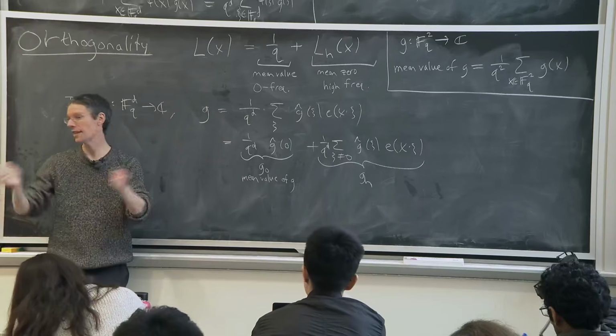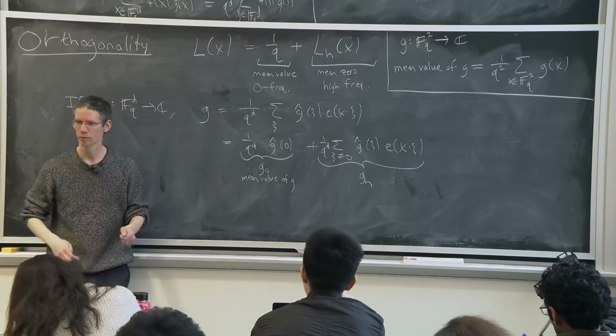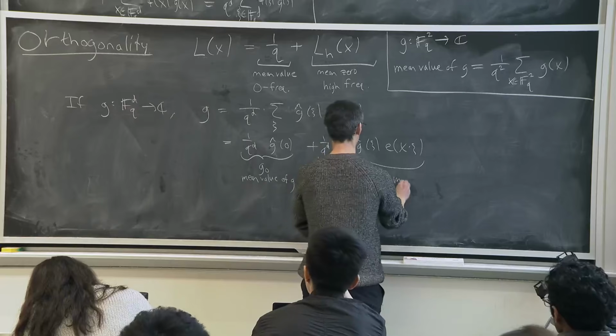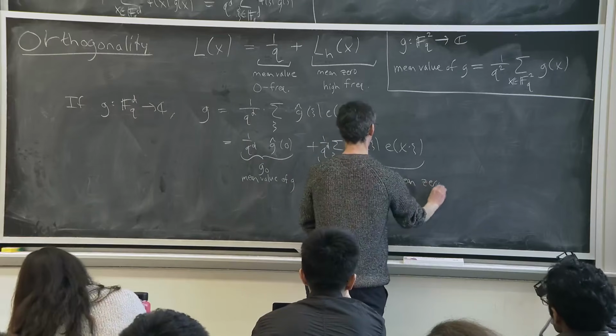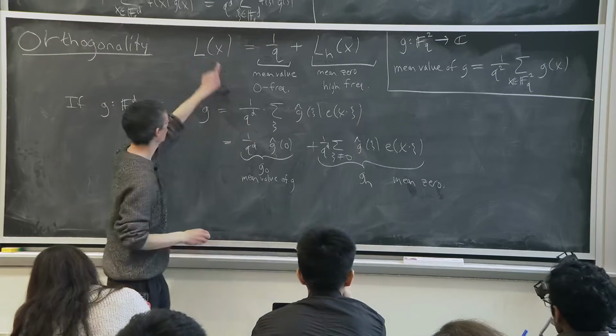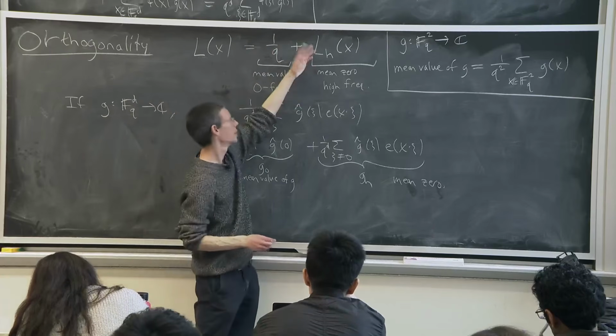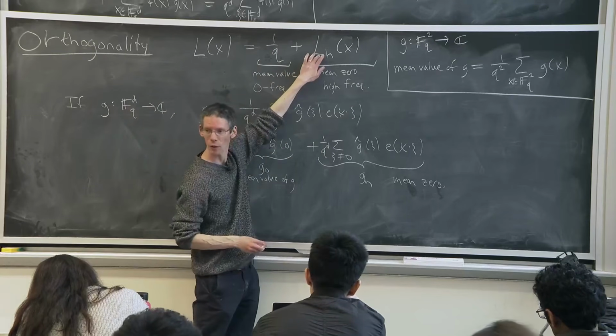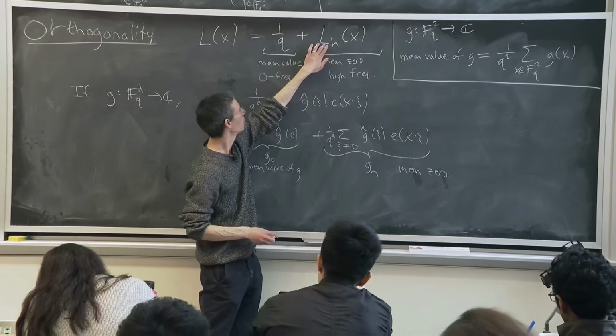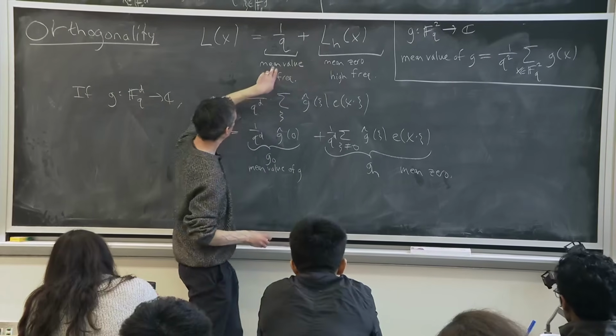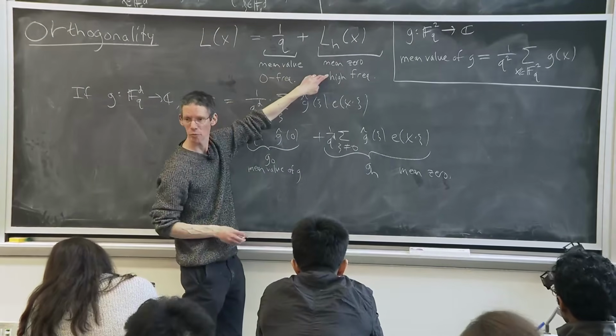G high is g minus its mean value, so it has mean 0. OK, so that's what we did with our lines. This is the 0 frequency part of L, and this is the non-zero frequency, or I called it high frequency part of L. So from the Fourier analysis point of view, that's what these things precisely mean.